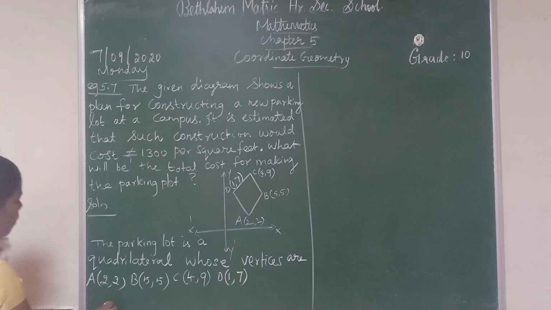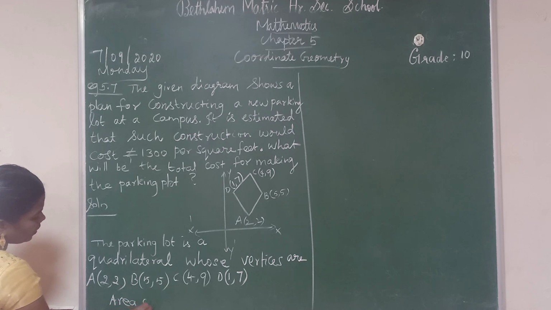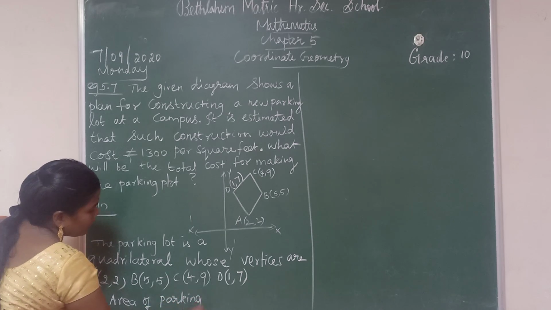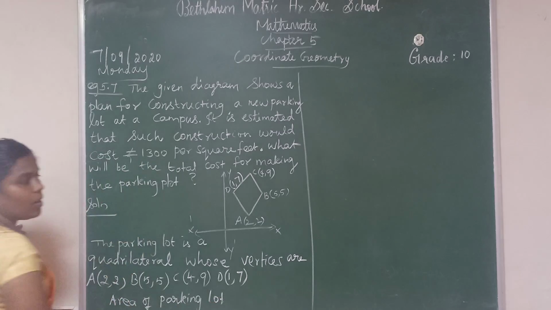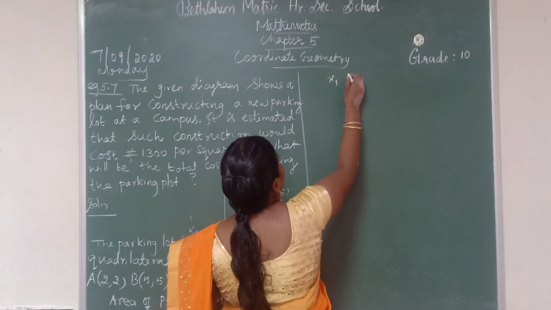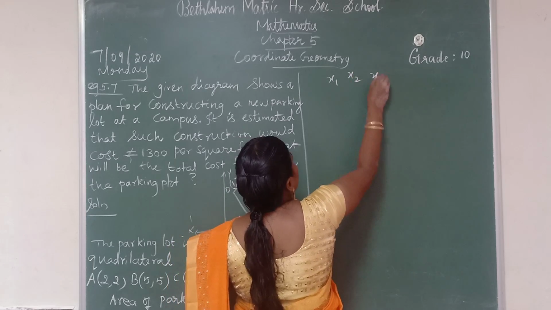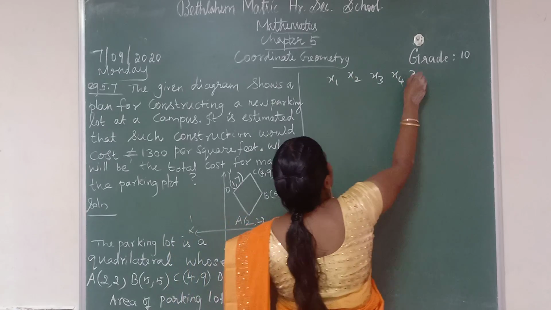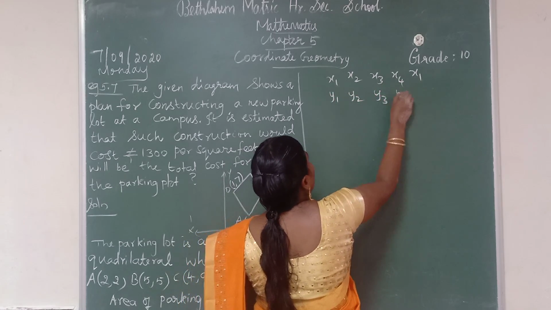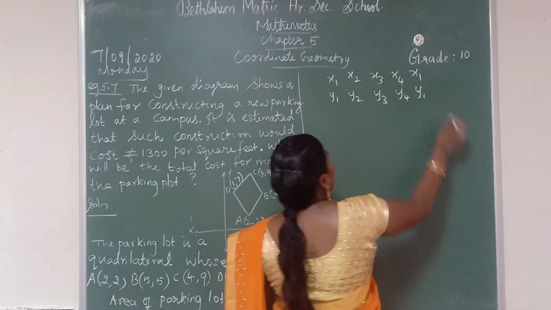Now area of parking lot. To write the formula, for reference, let's write x1, x2, x3, x4, x1 and y1, y2, y3, y4, y1.